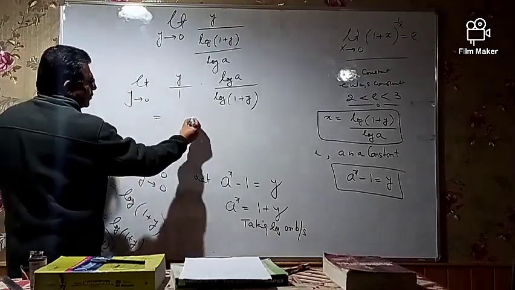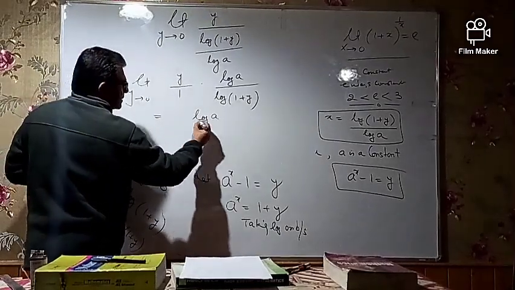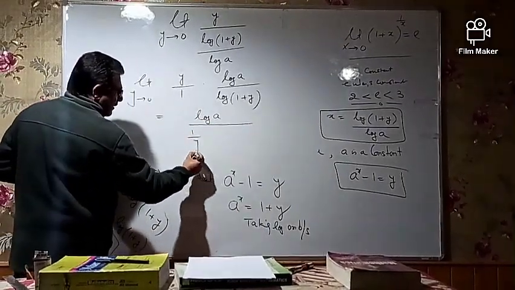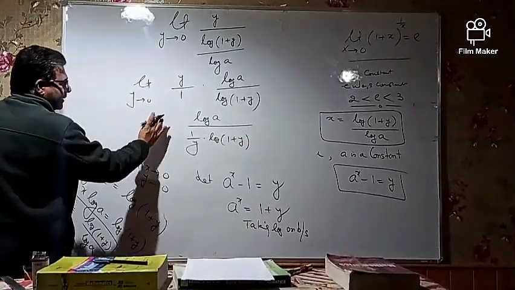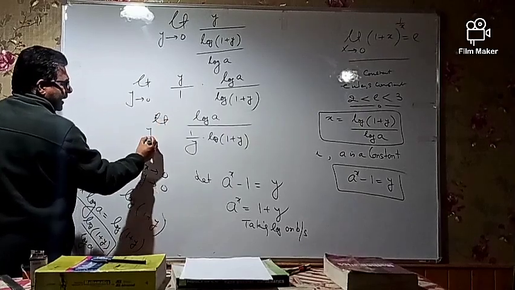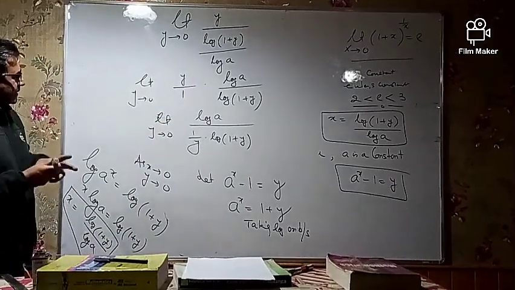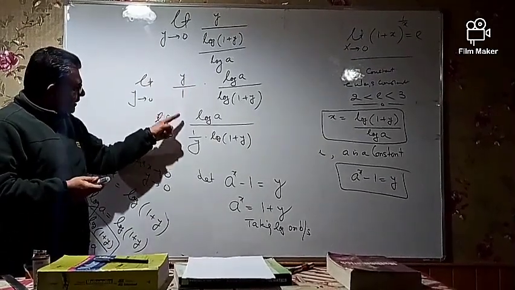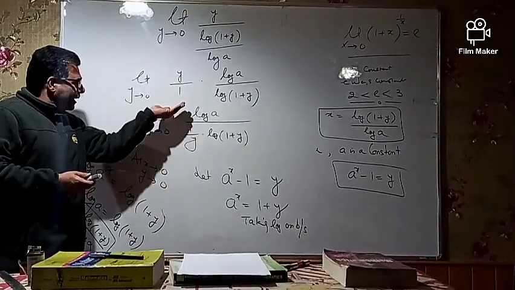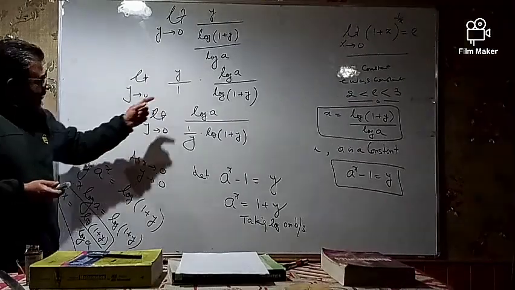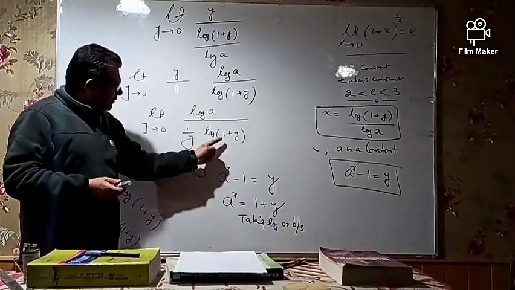This is further equal to log of a as it is divided by 1 by y times log of 1 plus y. Now note this thing: here limit y tends to 0. I wrote y divided by 1 as 1 upon 1 by y. When you take it up, it will again go here as y.